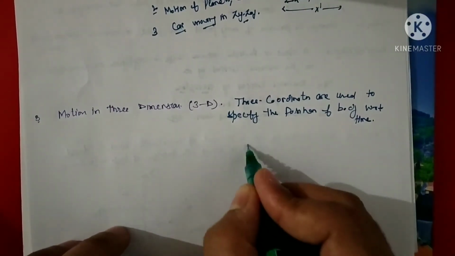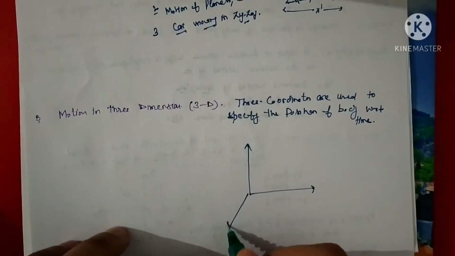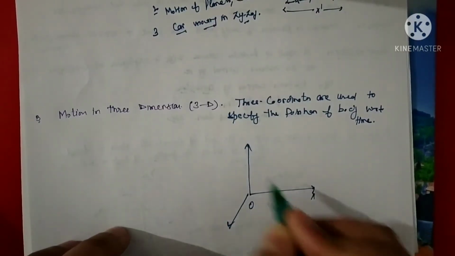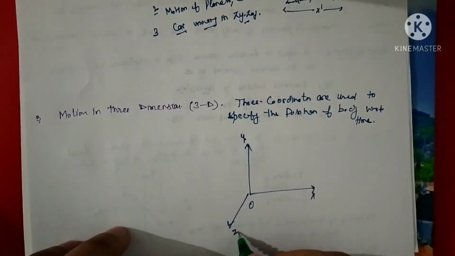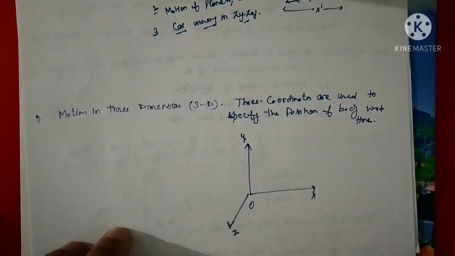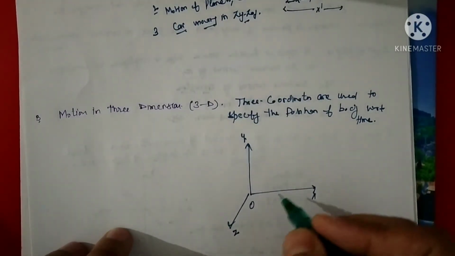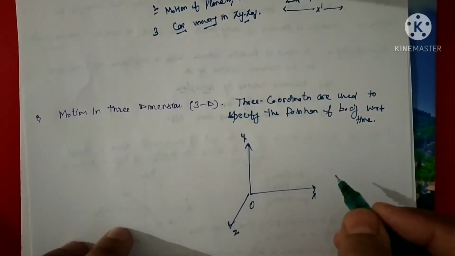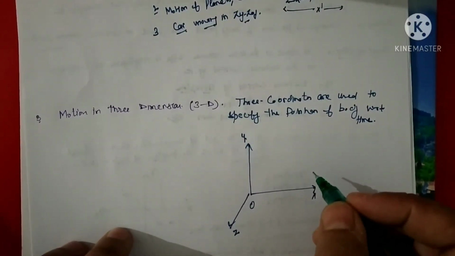Suppose this is our coordinate system x, y, z. According to this, the body is moving in three-dimensional motion.